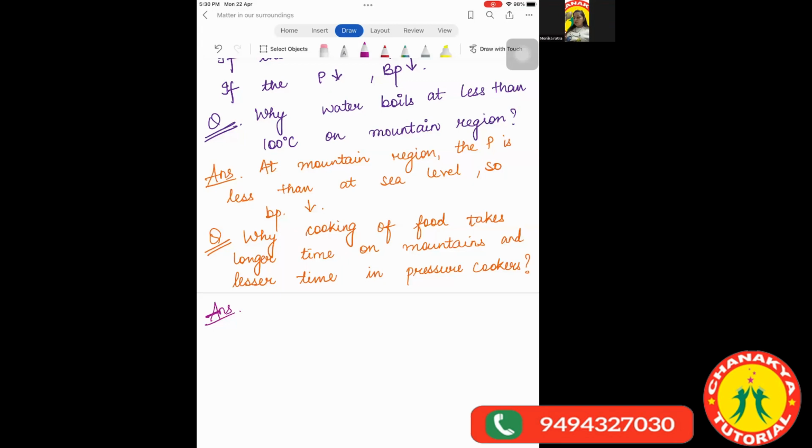And what about the pressure cooker? Ma'am, in the pressure cooker, as we use it on gas, it will have higher pressure, so it will get cooked easier. Right. So at mountain regions, the pressure is low, so it takes time for cooking.